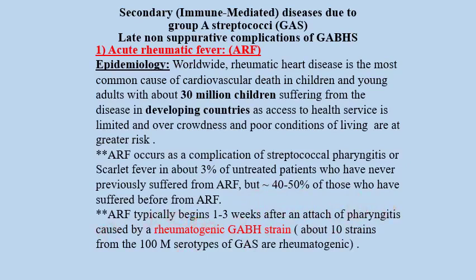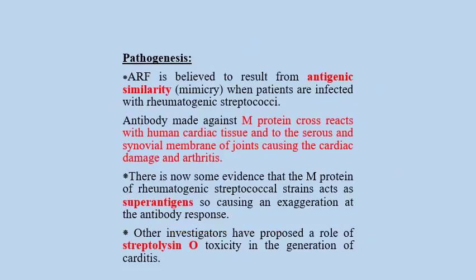So not every Streptococcus we encounter will be rheumatogenic. Only 10 out of 100 or 10 out of 200 serotypes are rheumatogenic. But still we don't understand what we mean by rheumatogenic. We'll understand it here in the pathogenesis.